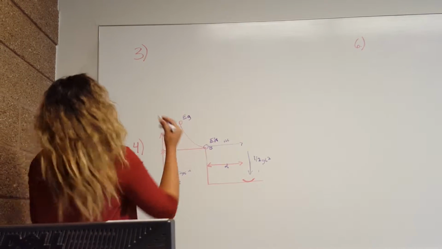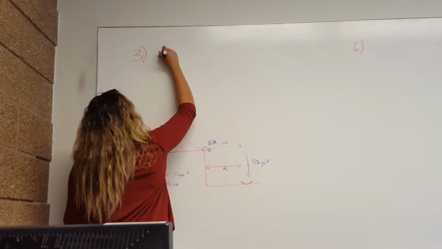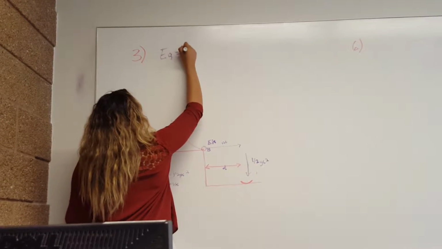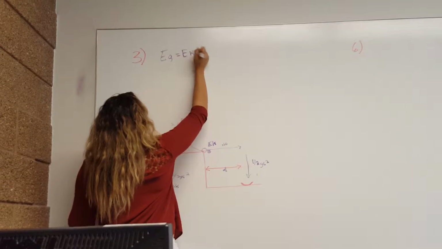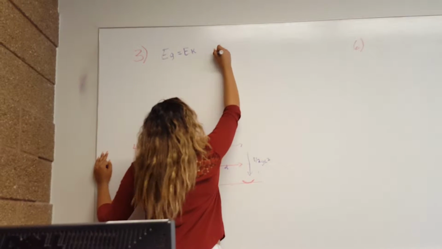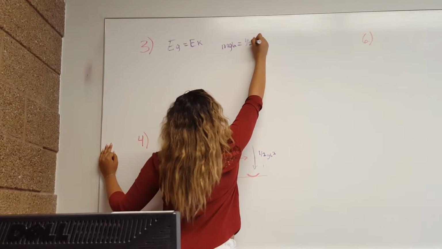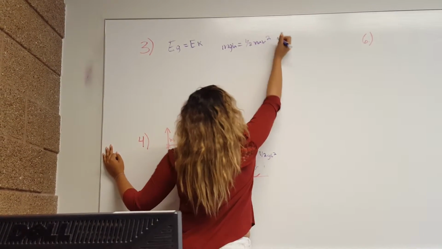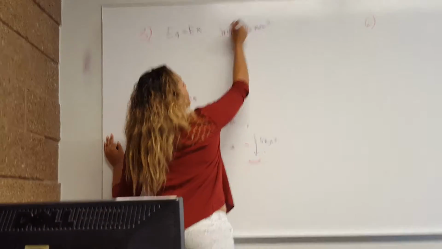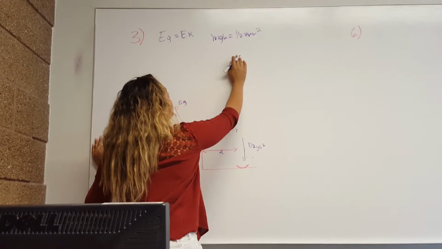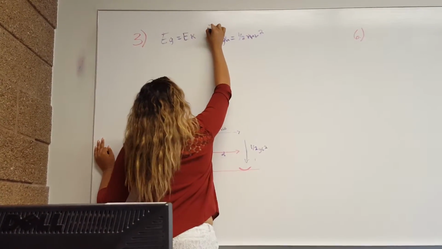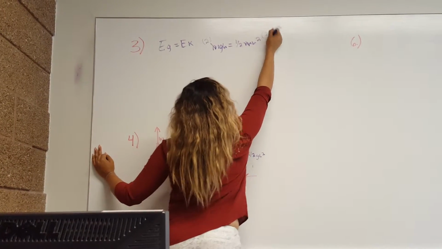So then you do EG equals EK, and EG equals mgh, and EK equals 1/2 mv squared. So you solve it, you cross out the m's because the mass is the same and it doesn't change, and then you multiply both sides by 2.